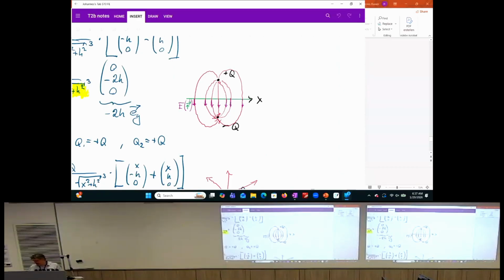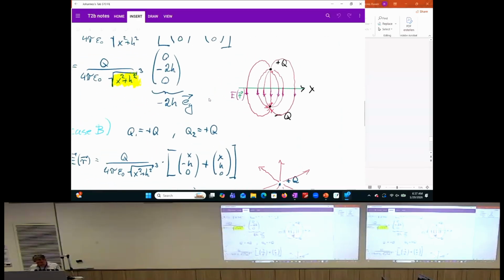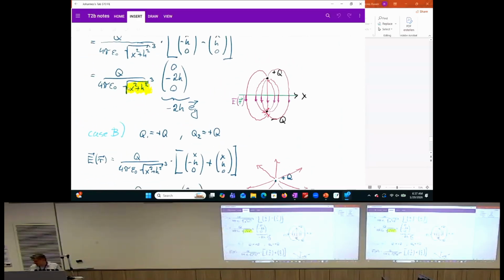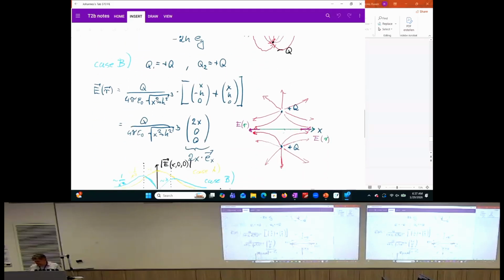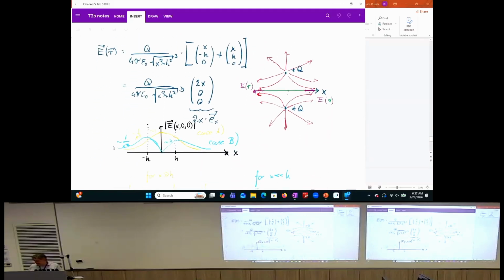And along this line, there's only an EY component, only an electric field component in the Y direction. This is what our formula also gave us here. And then what we plotted here is the magnitude of the electric field for this case.